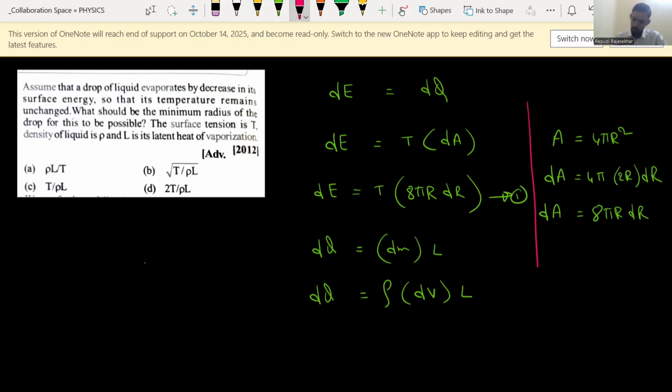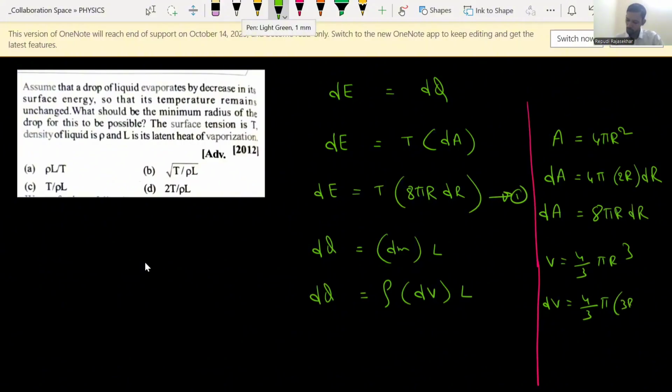Again, the volume of a spherical object, how to write? V equals 4 by 3 pi r cube. So the small volume we want, dV, is 4 by 3 pi, which is a constant, and r cube becomes 3 r square into dr. Just substitute that value here. Whatever things cancel, you can cancel. So 3 and 3 get cancelled.